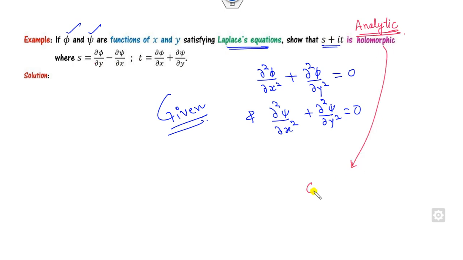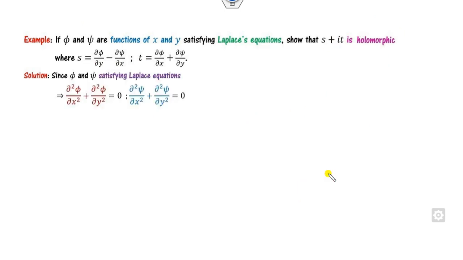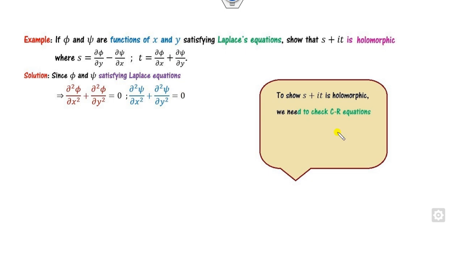So what is the meaning of that? Your target is to check whether it satisfies the CR equations or not. As I told you, they satisfy the Laplace equation; this is given to you. Your target is to check whether s plus it is an analytic function or not. We need to check the CR equations.